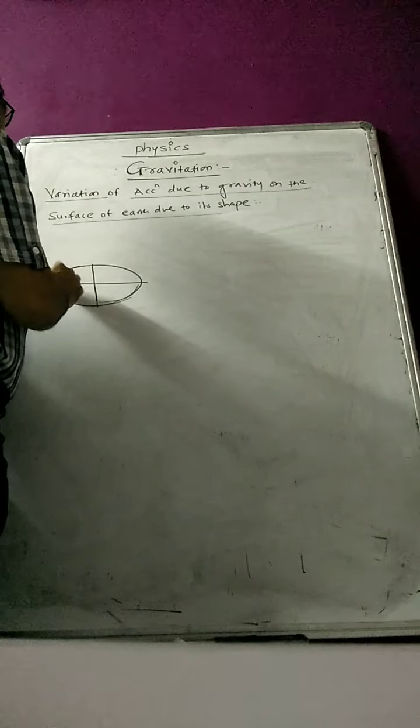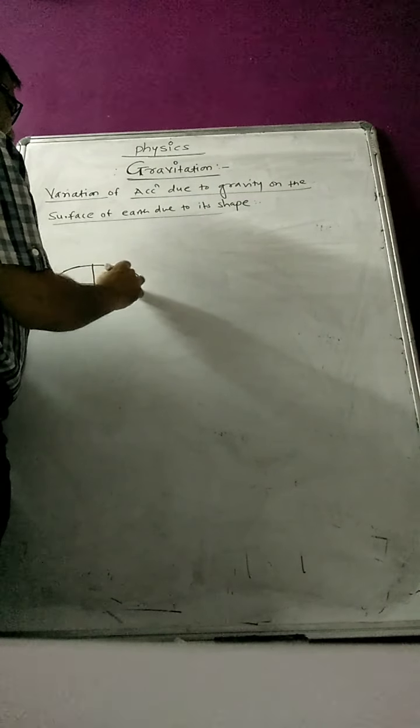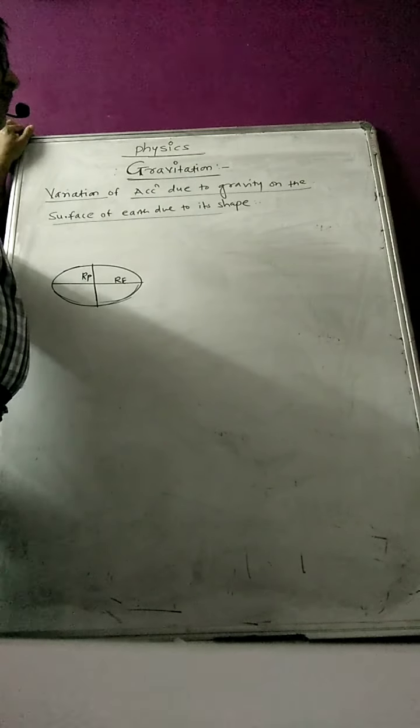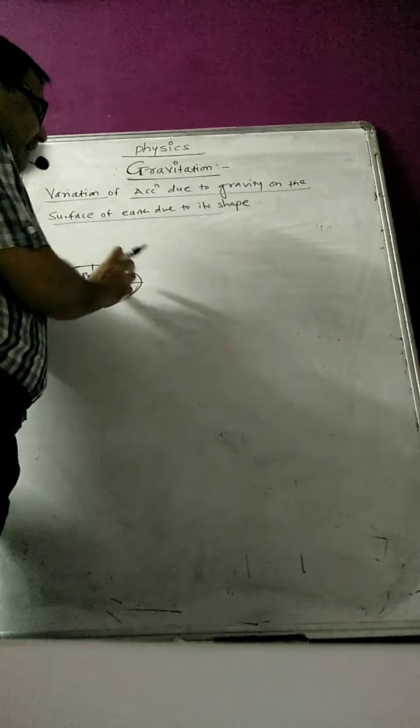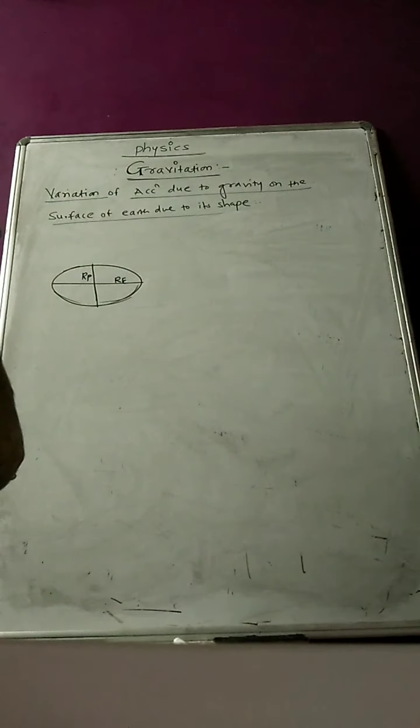Here this is the equatorial radius RE, and this is the polar radius RP. Okay, you know RE is always greater than RP.